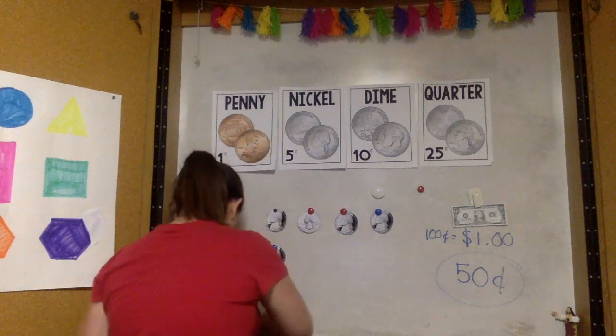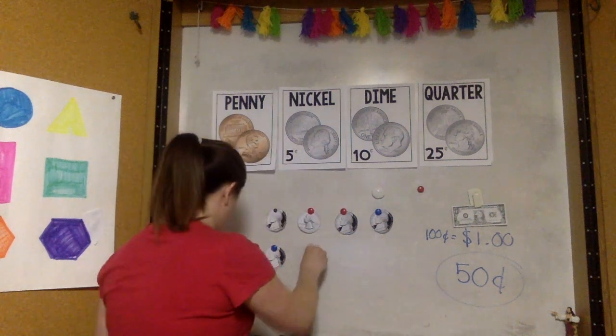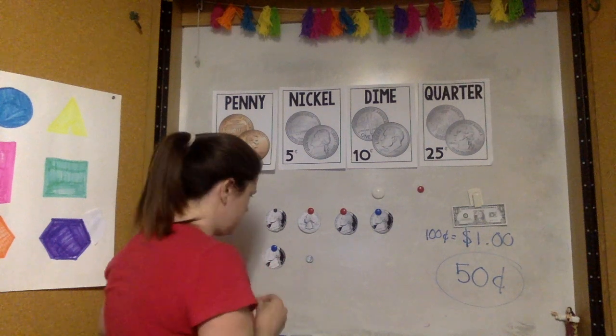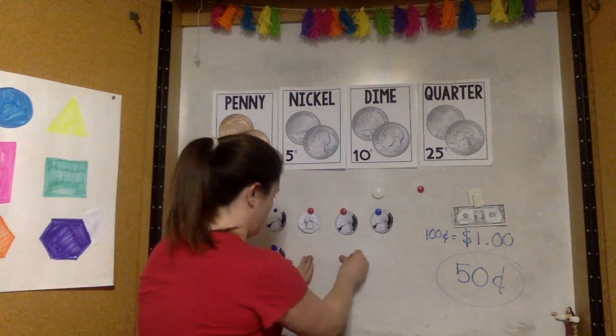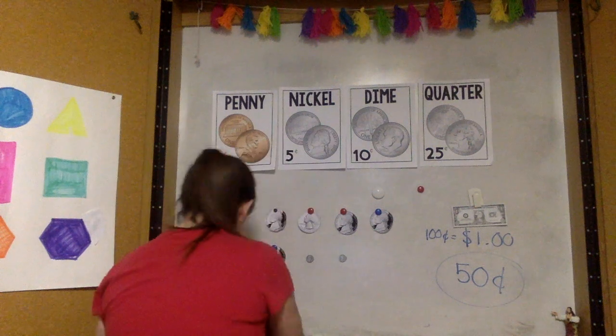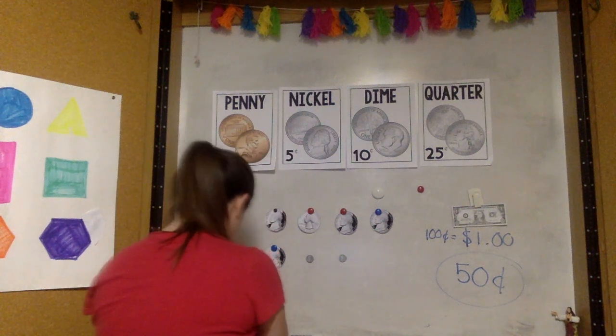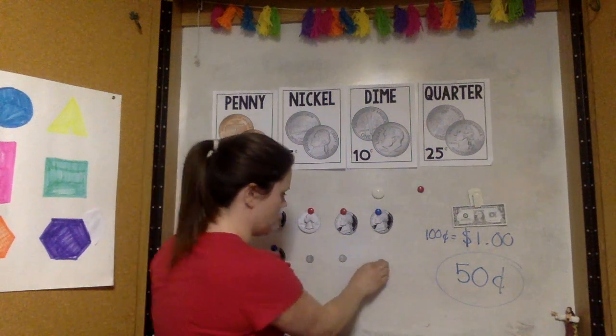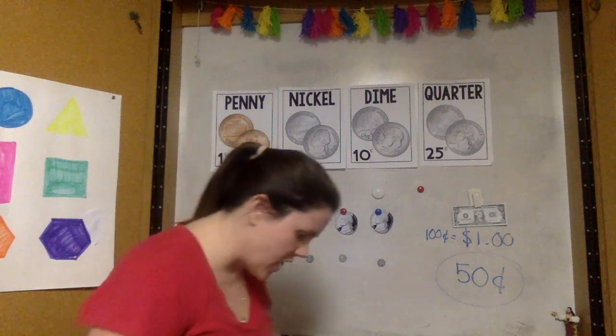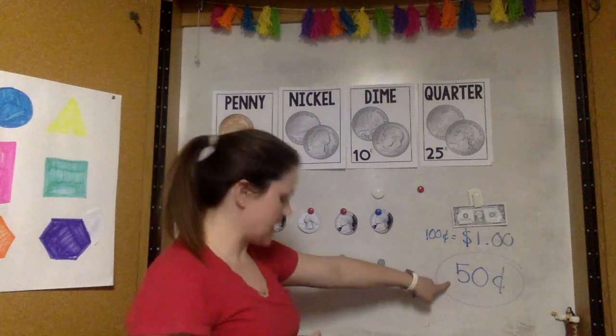Yikes, guys, I don't have those nickels. All right, I'm going to use these ones. There's a nickel. There's a nickel. And 1 more nickel. Okay, so we have to count out and find 50 cents.